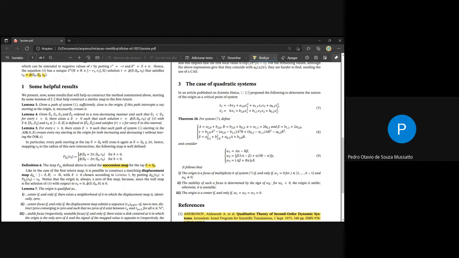However, later, theta 0 will be taken as zero. Along with this map, we can also craft the shifting map by this rule.